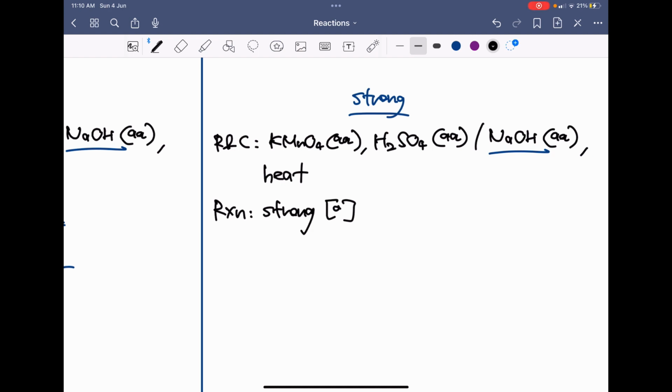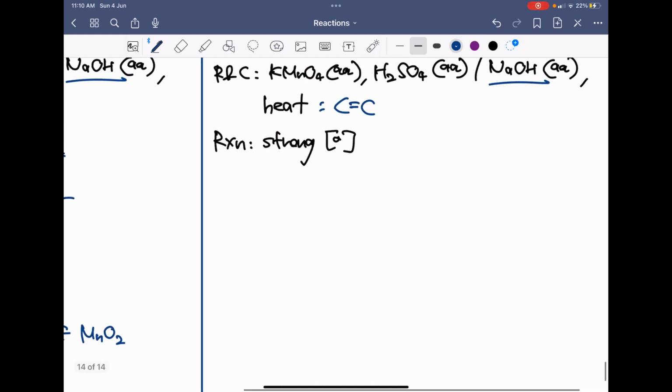And because in strong oxidation, you need heat because your C=C bond is completely broken, okay? So let's say your C=C, right? And then it will be broken. It forms an entirely new product.